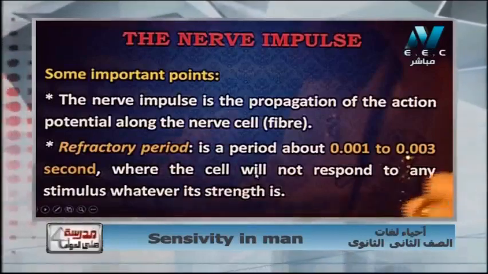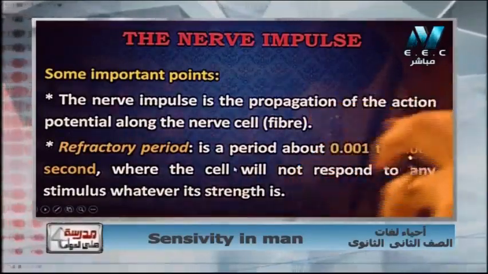And this time starts when the stimulus starts and when the stimulus ends. So this time is very critical, and the nerve cell does not respond to any stimuli, whatever its strength is.